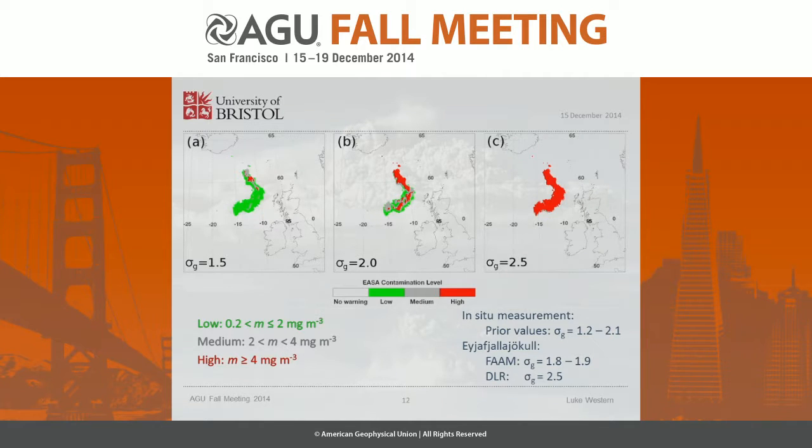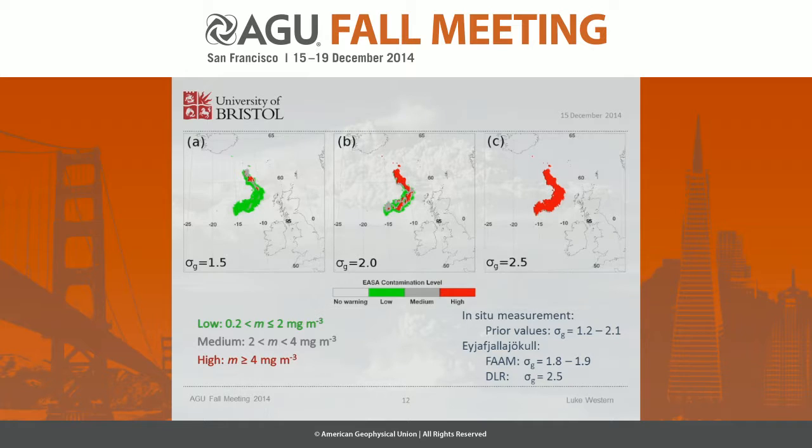During the eruption, FAAM, the UK facility for airborne atmospheric measurements, or aircraft atmospheric measurements, found geometric standard deviations of somewhere between 1.8 and 1.9, which would probably push us towards this central situation. The DLR, who are the German equivalent, found a geometric standard deviation of 2.5, which puts us over in the situation on the right. So it's really quite unclear what the correct value to use would be.